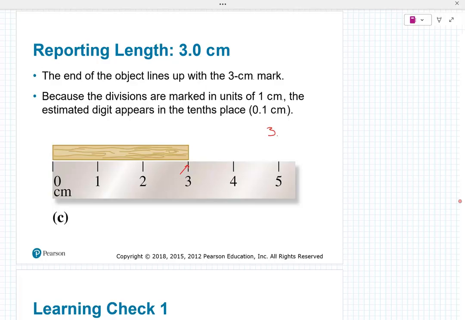So 3 is sure, and that last 0 is uncertainty. Why? Because maybe if I look at this image, I say, I think it's 2, that's for sure. And I think it's 9. That subjectivity is totally normal. The measurement using a ruler or graduated cylinder is subjective. Okay?